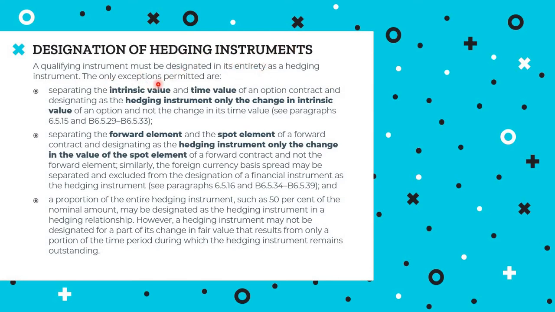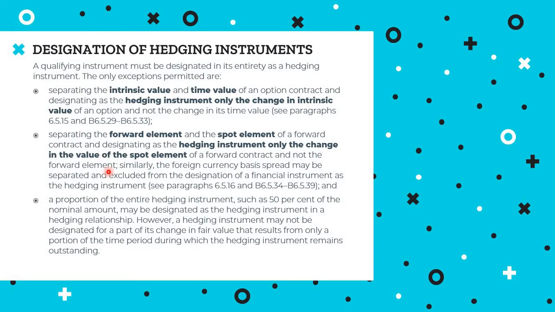Or may exception. And since ang ating derivative instrument ay forward contract, dito tayo sa second bullet. Sabi niya, separating the forward element and spot element of a forward contract and designating as the hedging instrument only the change in the value of the spot element of a forward contract and not the forward element.